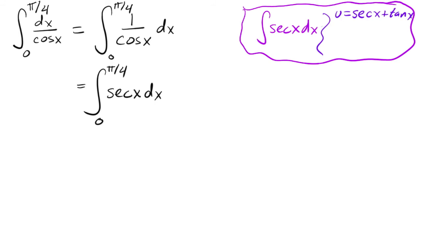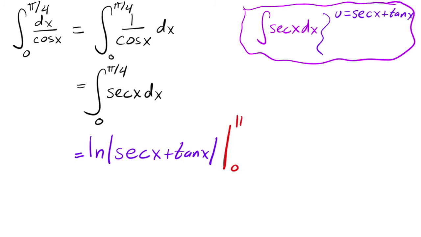And so if you do that, you would get natural log of the absolute value of secant x plus tangent x. So I'm not going to go over how you do that, but if you forgot, you should probably go over it at least one more time. And so this goes from 0 to pi over 4.